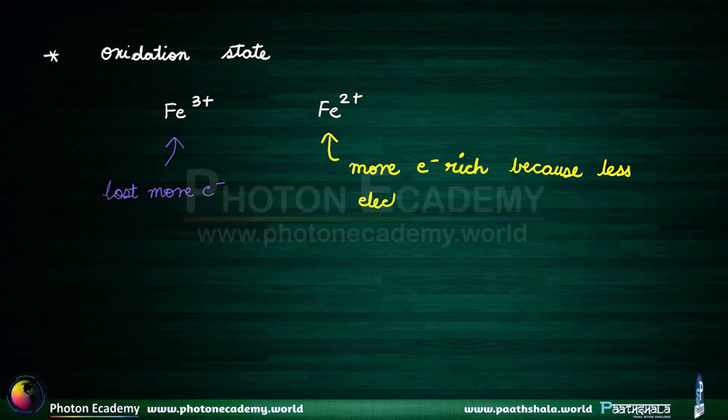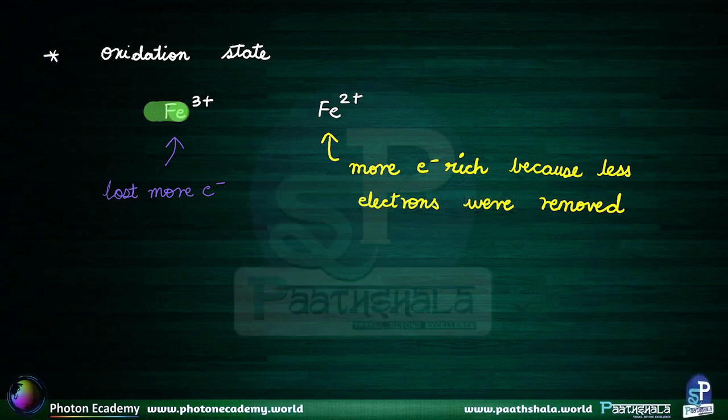Less electrons were removed. As simple as that. The first one, I'll mark it here for you, the first one, Fe3 plus, has less electrons as compared to this one, Fe2 plus.